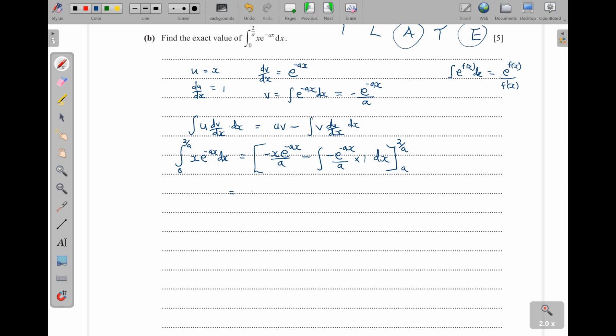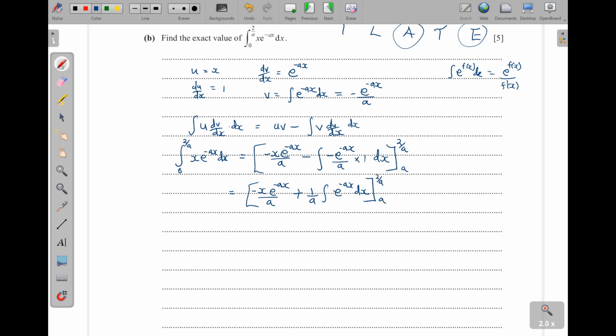Then after that, we can write this one again here, out of a, then of course plus, then the integral. In fact, this is a minus and a minus, so it becomes a plus. Then I can take out the a. So when I take it out, I can write 1 over a, then the integral of e power negative ax with respect to x.